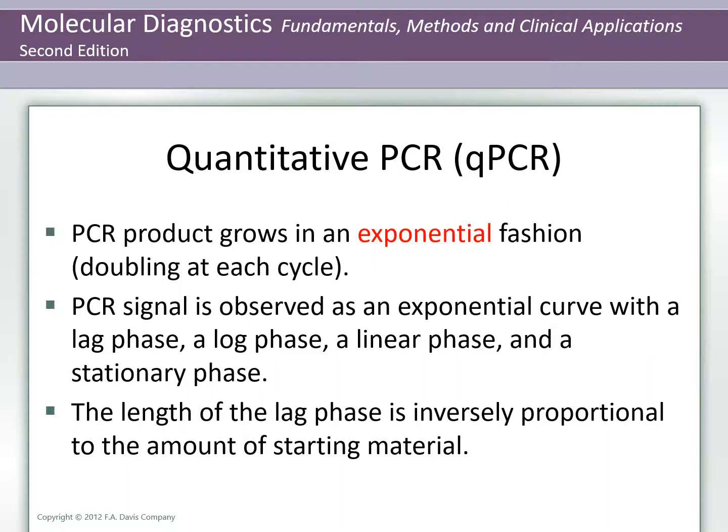The linear phase is when one or more components of PCR have decreased below a critical concentration, therefore amplification begins to decrease. And the stationary phase is the endpoint of the reaction. The length of the lag phase is inversely proportional to the amount of starting material. The advantage of this method over standard PCR is its ability to determine the amount of starting template accurately.